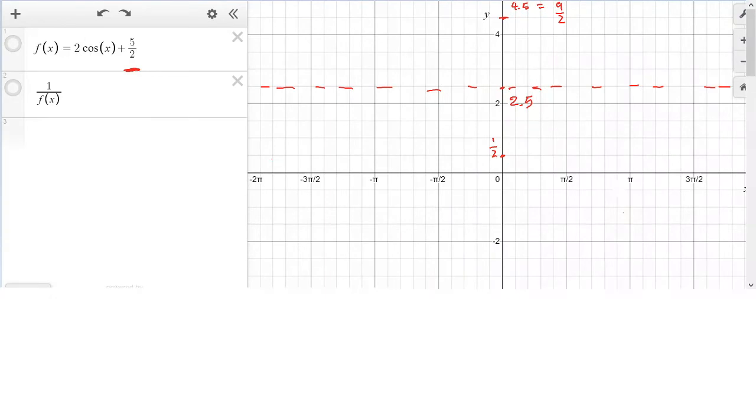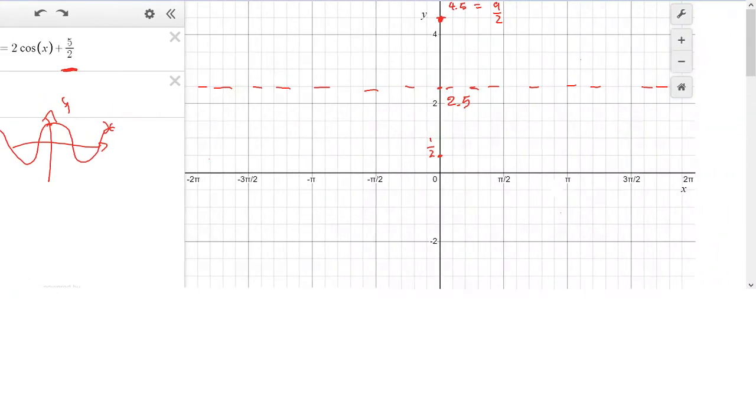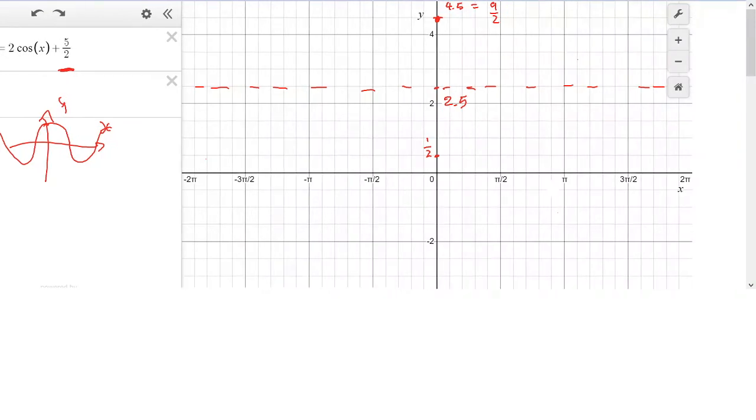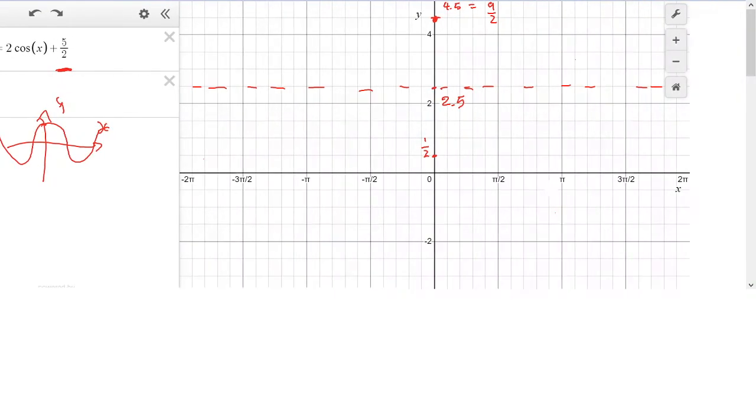Now, I always think about cosine from the start of the y-axis. So here's y, here's x, and it starts up top and goes down and up. It looks like that. That's a pretty crude drawing, but it helps me think about where it's going to go. It starts up here at its maximum. By the time it gets to pi, it's at its minimum, which we said was a half.